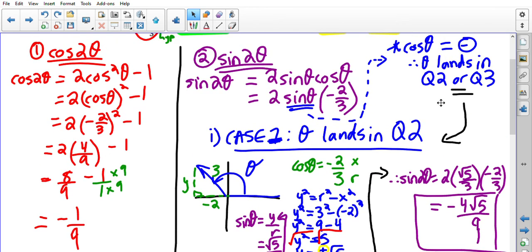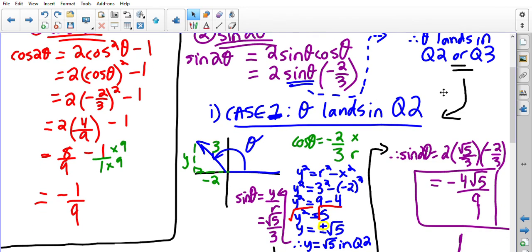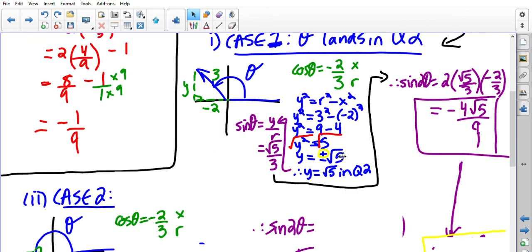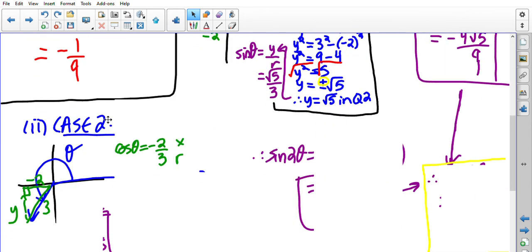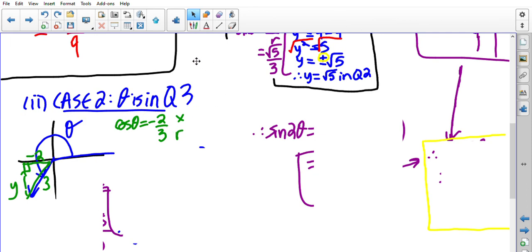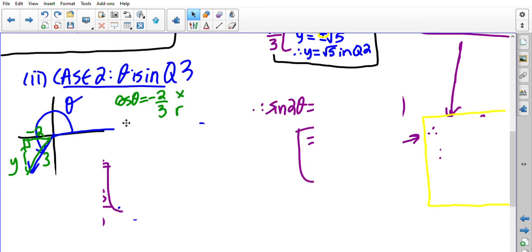That was if it landed in quadrant 2. Now we're going to do this if it lands in quadrant 3. Case 2 is when theta is in quadrant 3. Again, I want you to draw your angle here. I always want you to include sketches, so I make sure you are actually understanding the scenario. It lands somewhere in quadrant 3.